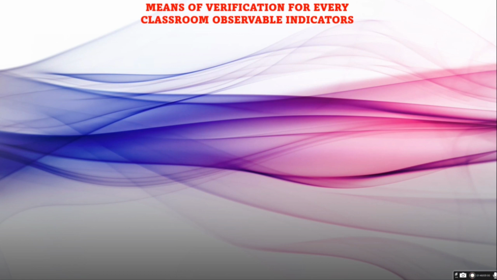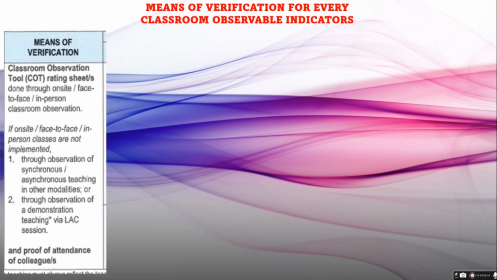Para sa lahat po ng mga classroom observable indicators, the means of verification is a classroom observation tool rating sheet done through on-site or face-to-face or in-person classroom observation. And we have to take note that we have to include proof of attendance of colleagues.